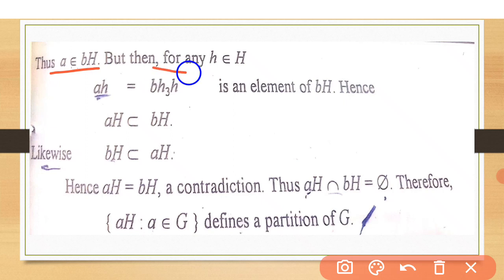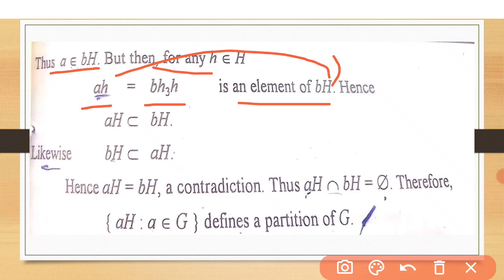But then for any h belonging to H, we multiply h on both sides. AH is equal to B h3 h, and h3 h is an element of H. It means that AH becomes a subset of BH.